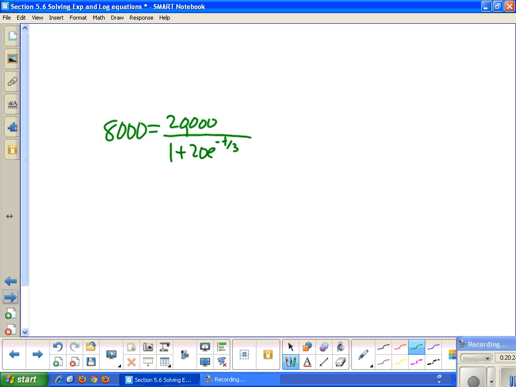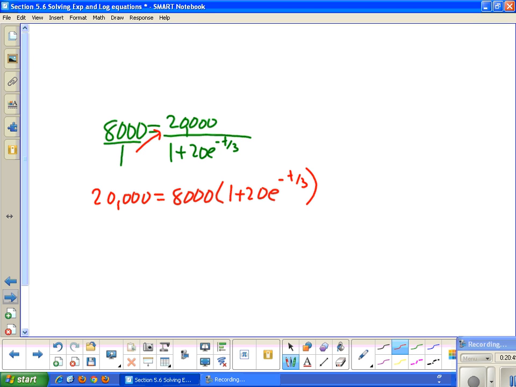So if you want to solve a problem like this, if you have a fraction equals a number, the best way to do that, especially since our exponential part is in our denominator, you're going to want to put 8,000 over 1 and cross multiply. So here we get 20,000 equals 8,000 times 1 plus 20e to the negative t over 3 power.